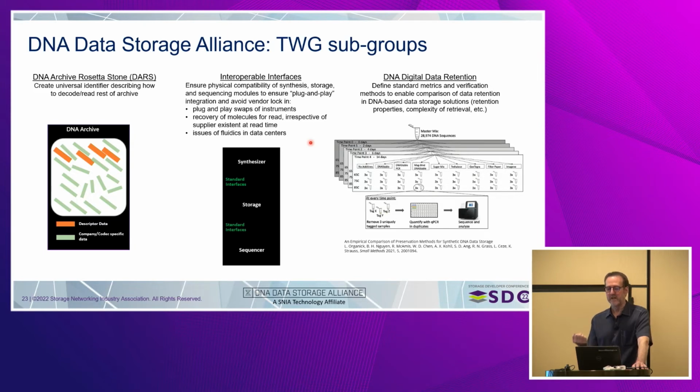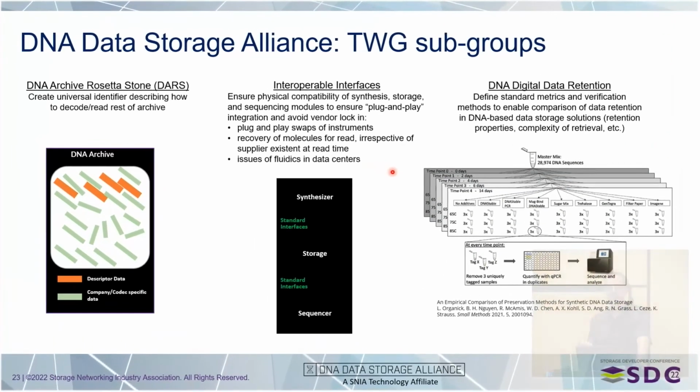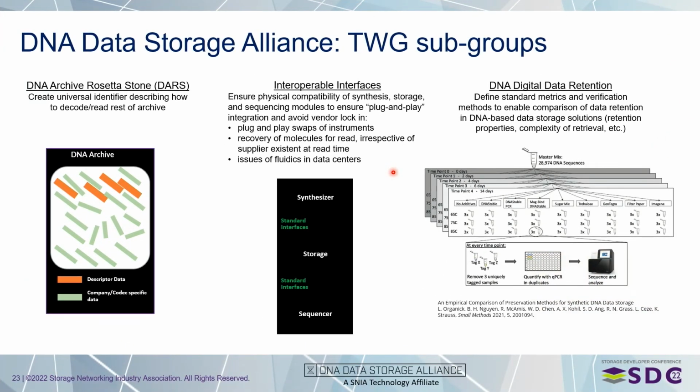You can recover molecules irrespective of the supplier, whether the supplier is existent at the time, and just general issues of fluidics in data centers. It's not like we're going to have massive gallons of things, but there are things that we have to account for. So we're starting to look at the mechanical and interoperability aspects of the pipeline.